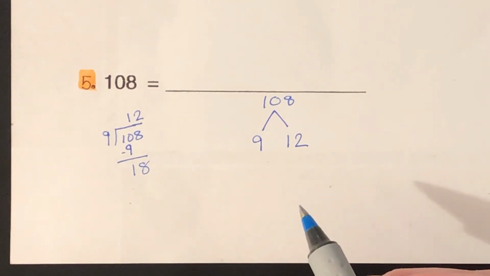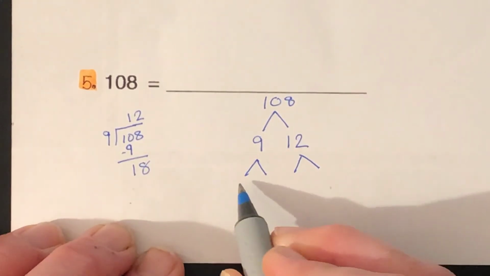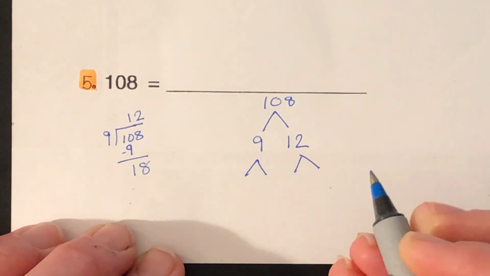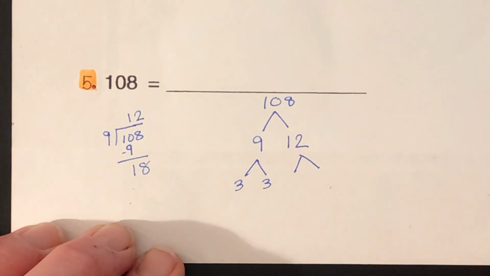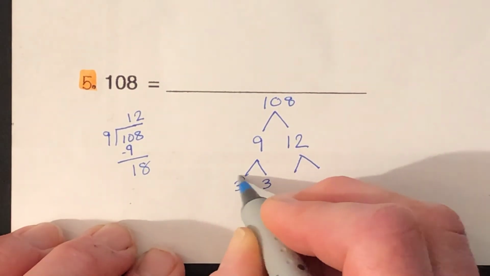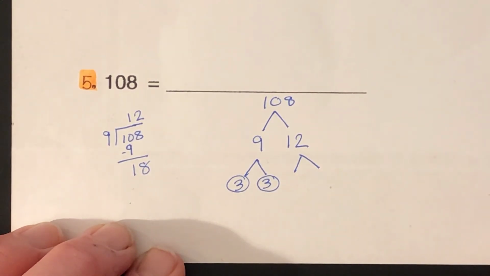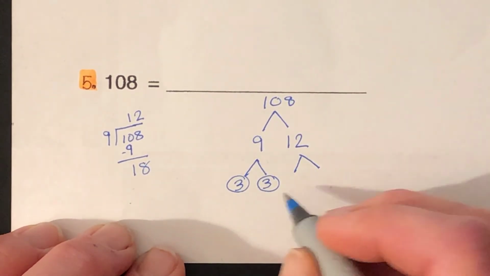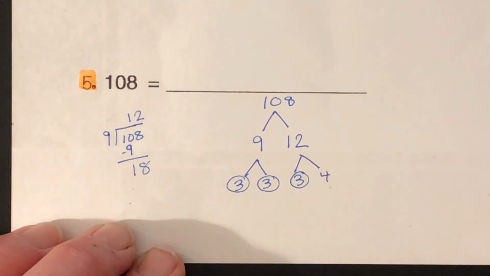Neither number is prime, so I can continue multiplying on. The only way to get 9 is 3 times 3. And they are both prime. I could do 2 times 6 or 3 times 4. I'm going to do 3 times 4. 3 is prime. 4 is not.